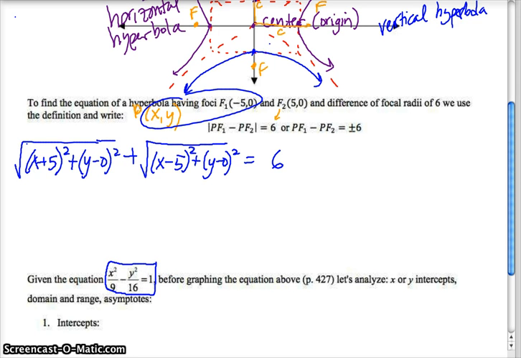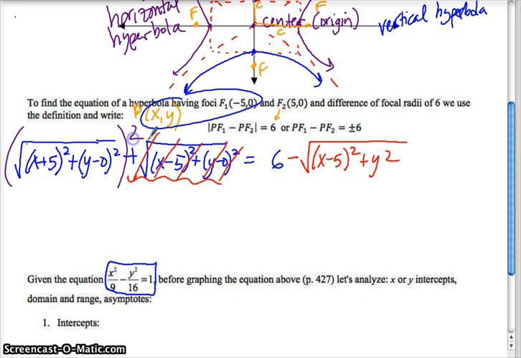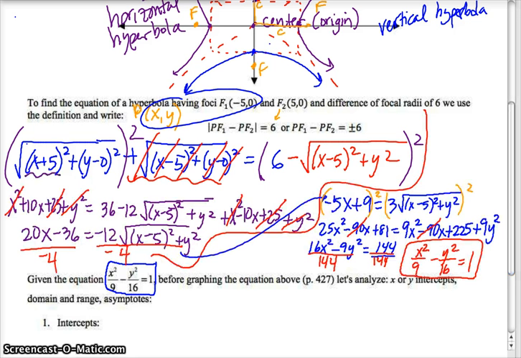So what do we have to do? We have to move this thing over to the other side, right? By subtracting this square root, we get x minus 5 squared plus y squared. It disappears over here. Now we have to square both sides. So square both sides, and then you're going to continue. So go ahead and do that. And so continuing that process, you should have moved that over there, squared both sides to get this. Things cancel. You isolate that one singular radical on its own.